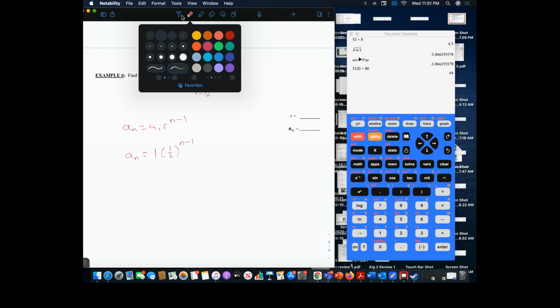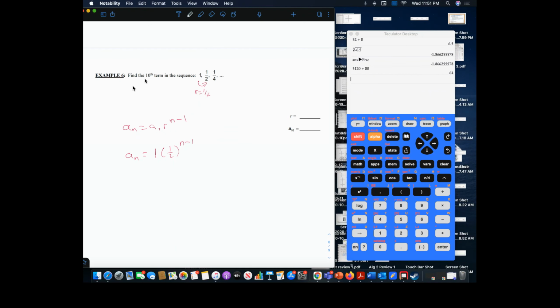Now if they're saying the 10th, right, then I can say a10 is 1 times 1/2 to the 10 minus 1. And for funsies, I will just type this into the calculator and double check to make sure that I type it in correctly, because I struggle with that.